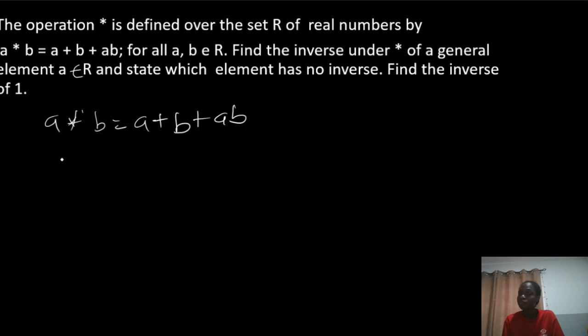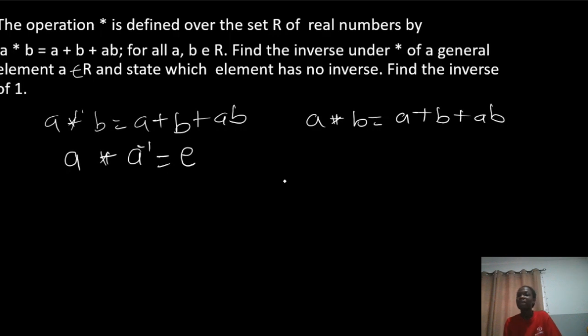From the definition of the inverse element, we saw that a star a inverse should be equal to e. So for us to be able to solve this, we have to find the identity element of this operation. We have a star b equal to a plus b plus ab.